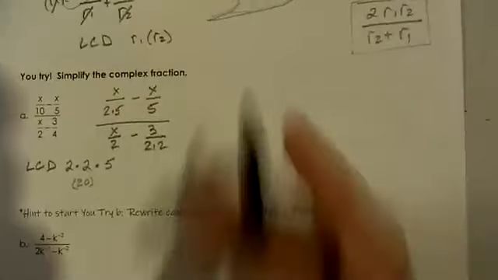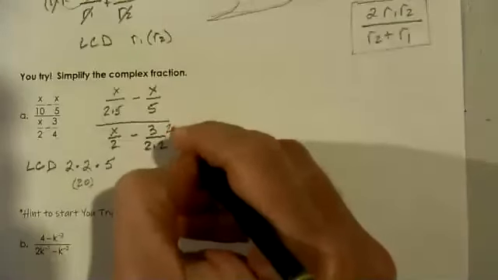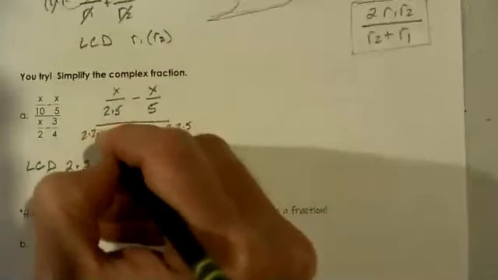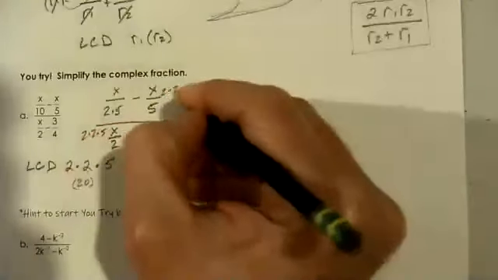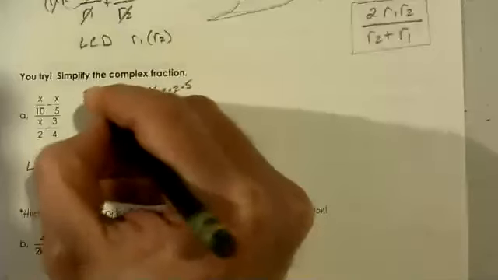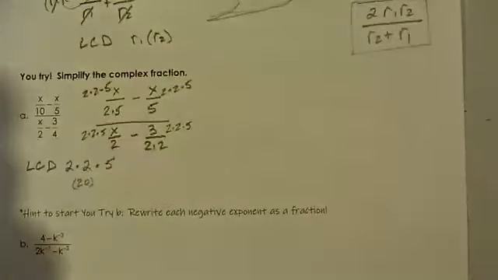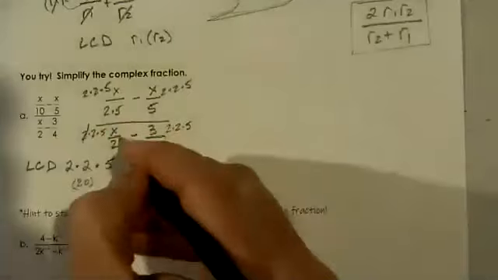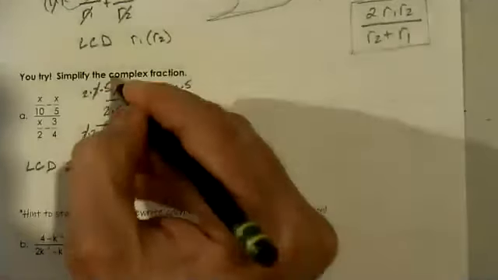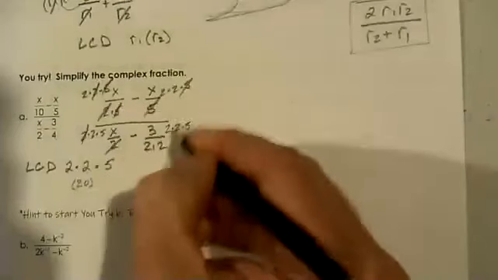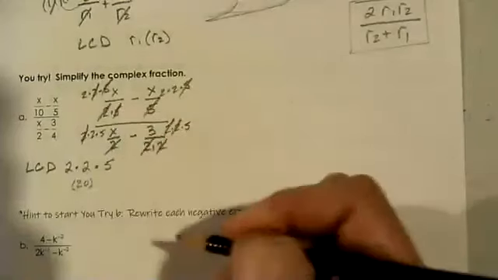Now, since we broke it apart and we did the other problems like that, you could still just say 2 times 2 times 5, 2 times 2 times 5, and treat it just like we did the other problems. It's probably stretched out that way a little bit, but the 2s cross out, the 2 and the 5 get crossed out, the 5 gets crossed out, and the 2s get crossed out.